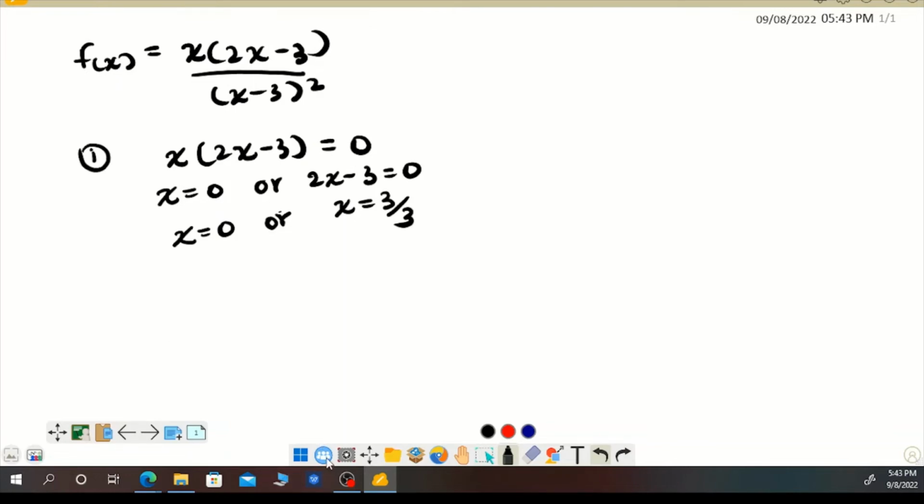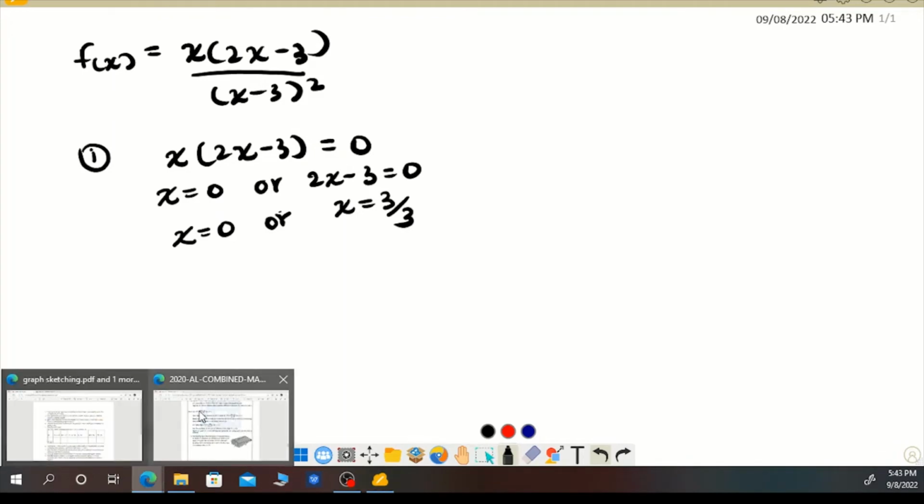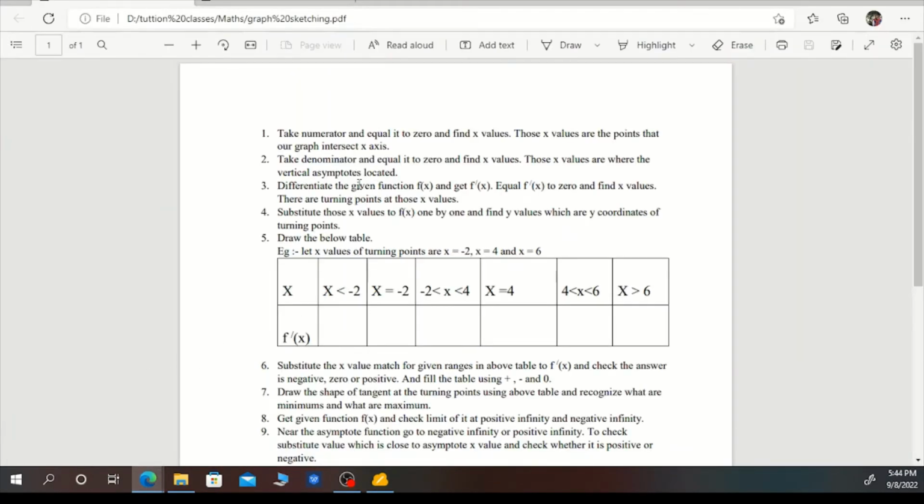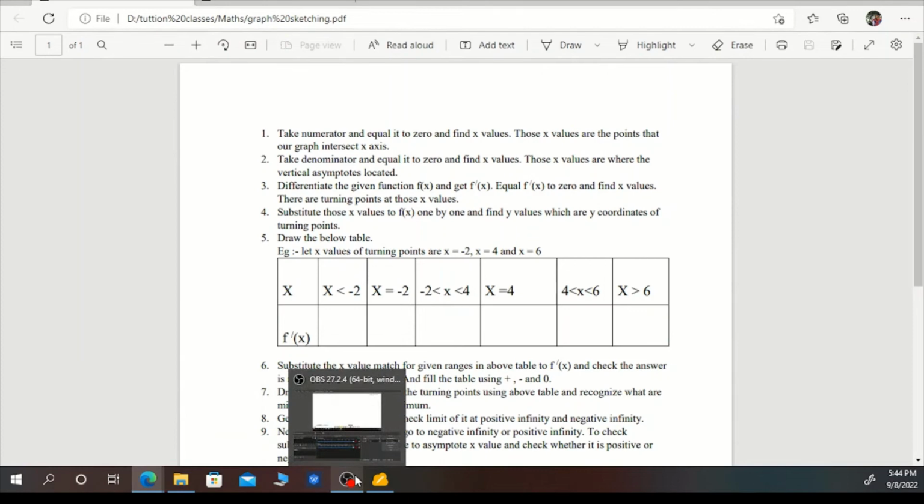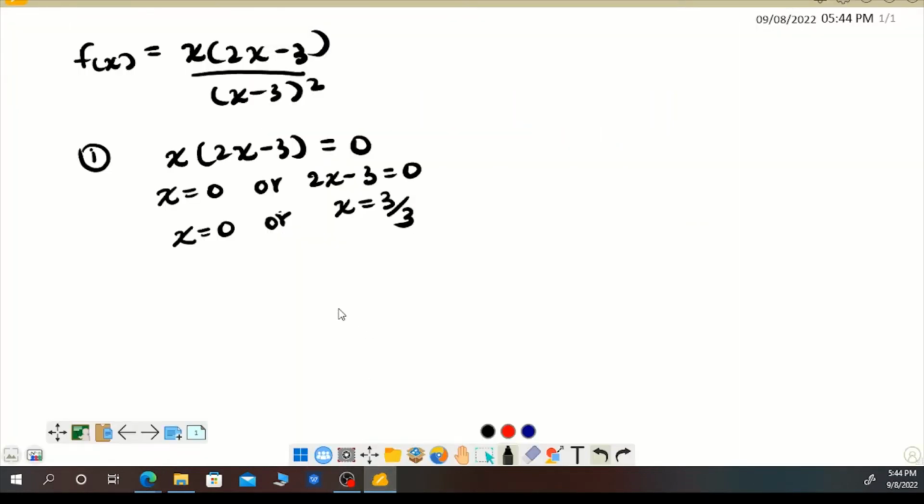The second step is to take the denominator and equate it to 0 and find the x values. Those x values are where the vertical asymptotes are located. So by using the denominator I can find the x value of the vertical asymptote. For the first two steps we use f(x), right?